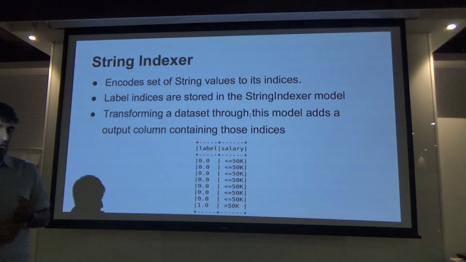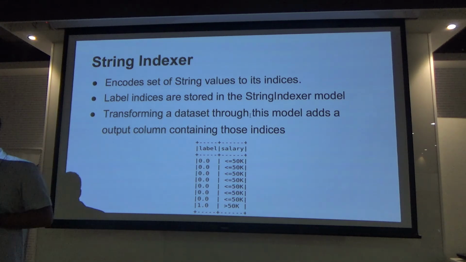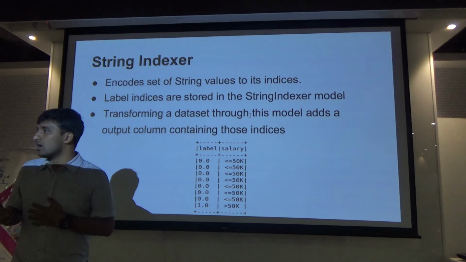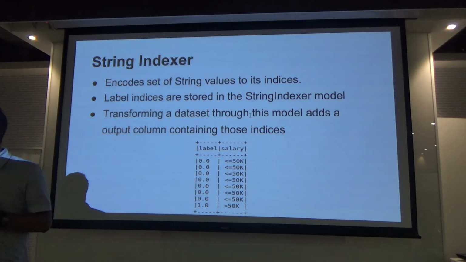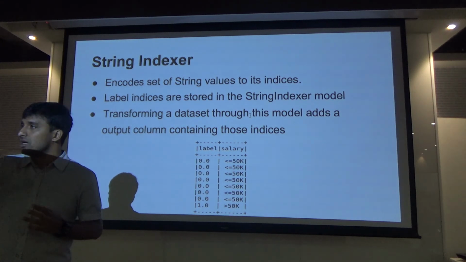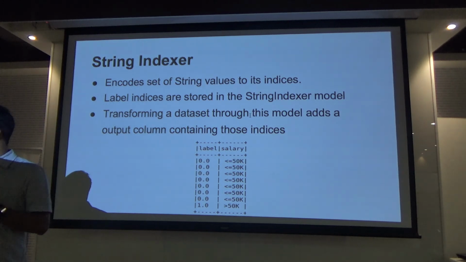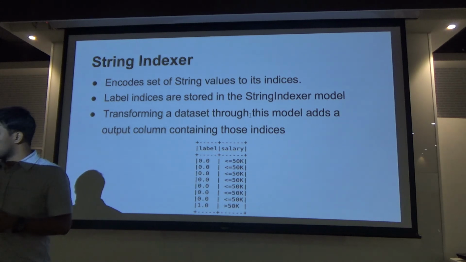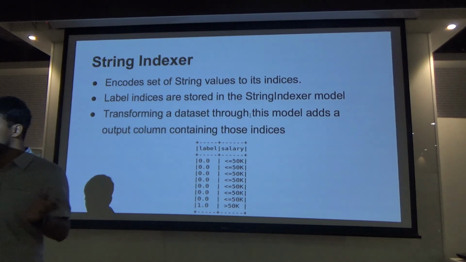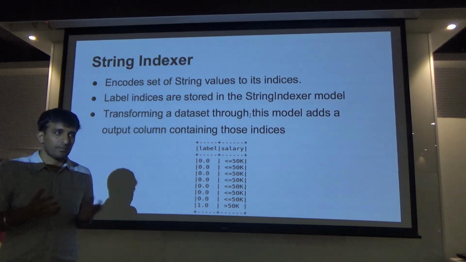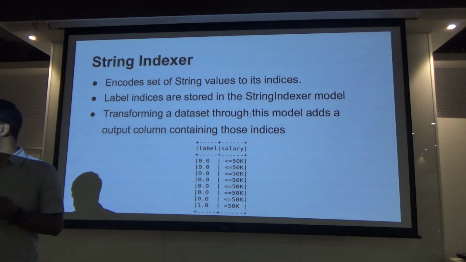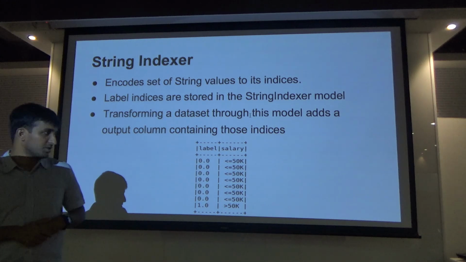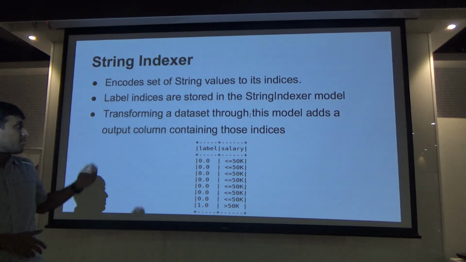Another example of an estimator is a string indexer. If you have a categorical column, normally how do you use it in a machine learning algorithm as a feature? We index those values. The unique values will be converted into indexes, and that will be used as a feature, because machine learning is all about mathematics and it expects the values to be numerical. So you convert these string values to numerical, and that is done by string indexer.